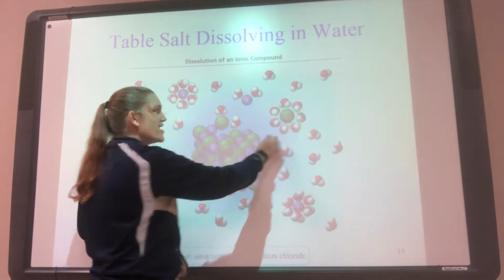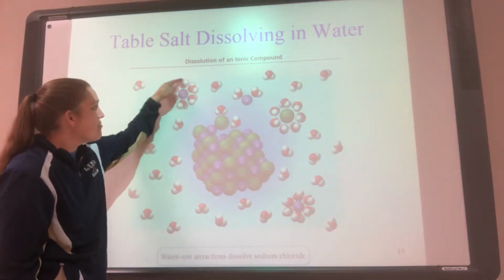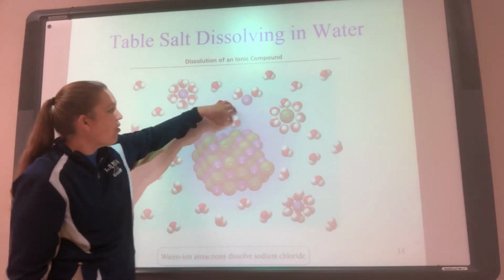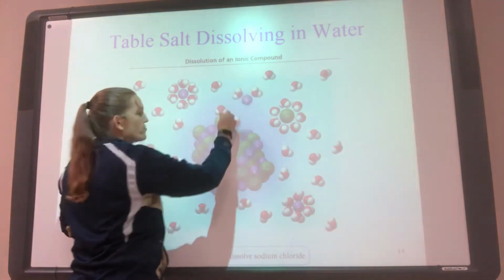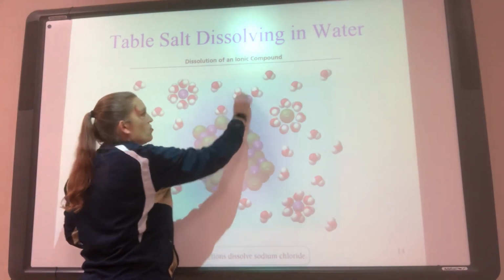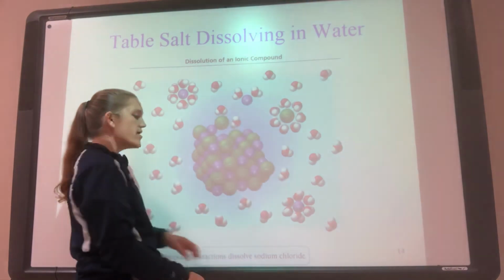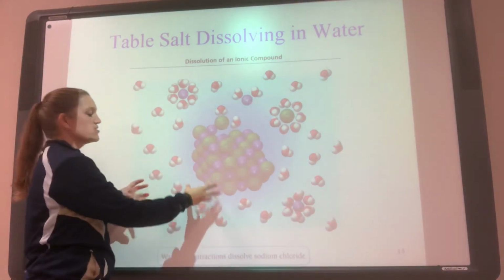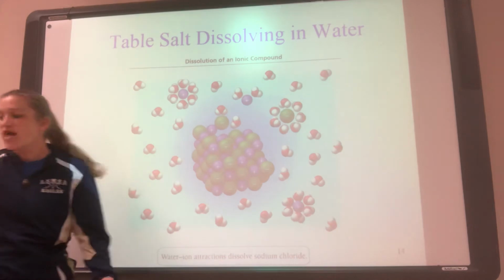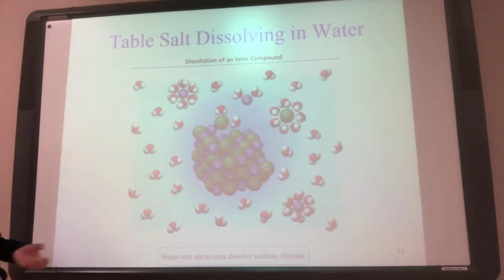So it takes more than one of my waters to be able to pull away. See, so two of them come in, when waters are coming in, it's going to pull away, and when it pulls these all away, then your salt is going to dissolve. And so that's what's happening when I'm dissolving a solute, specifically an ionic compound, within my water.